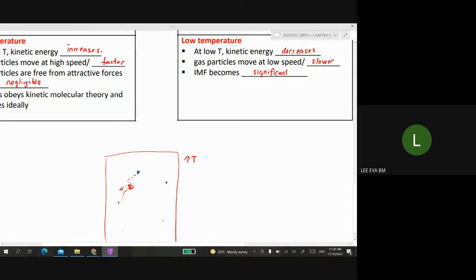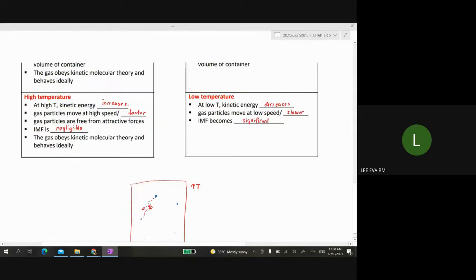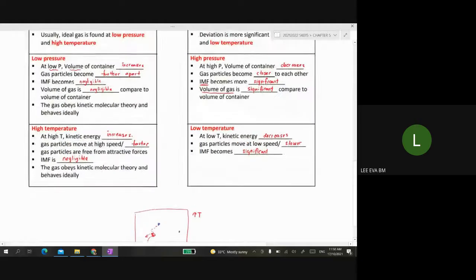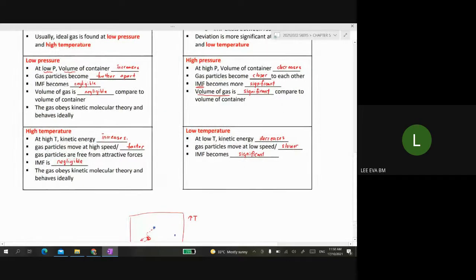Please bear in mind that we only have two conditions, pressure and temperature. Ideal gas: low pressure, high temperature. Real gas: high pressure, low temperature.